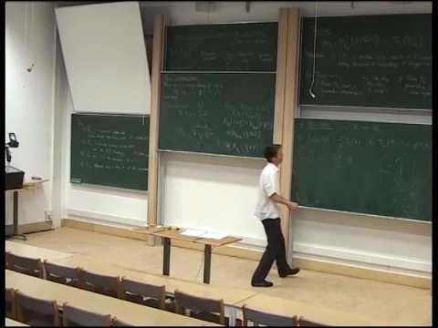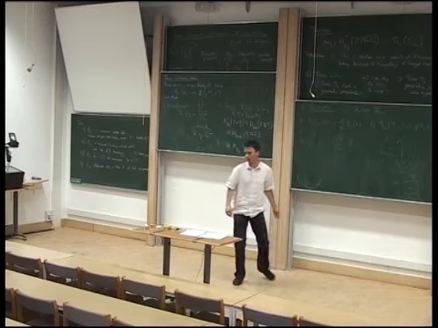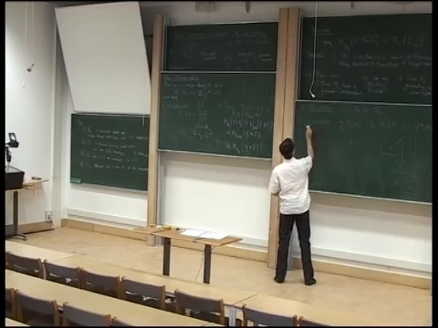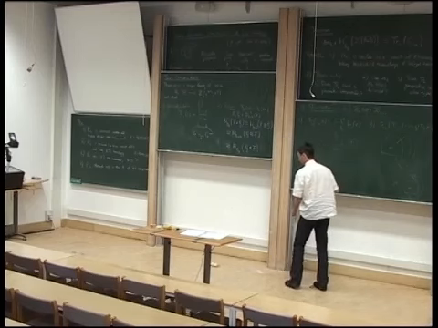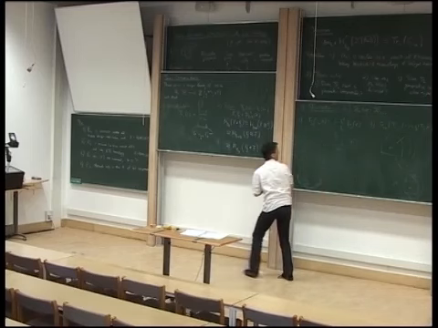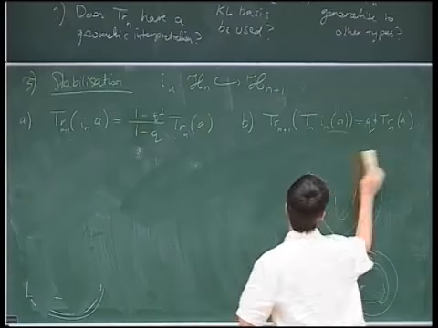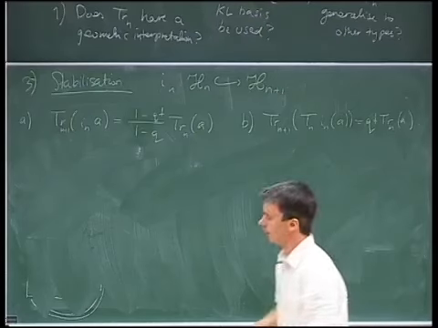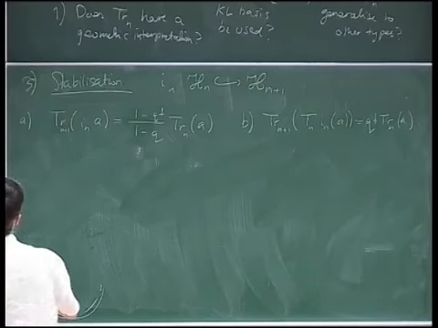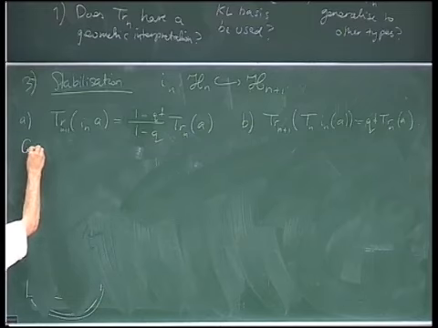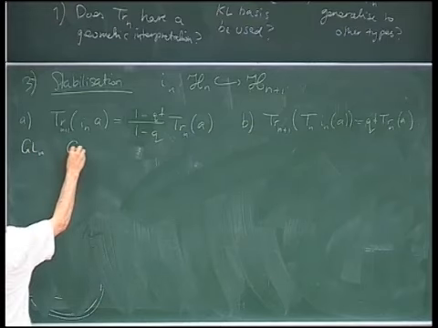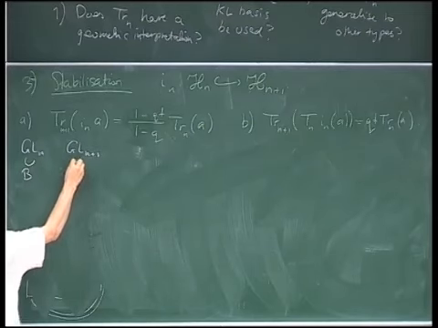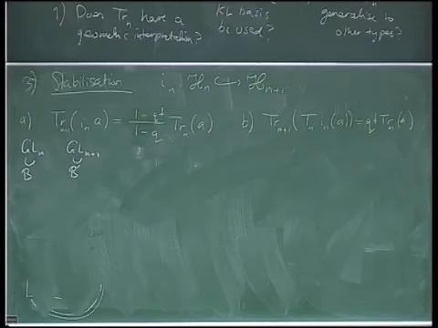Lastly, we need to check the stabilization properties. For this we need two different groups. We need GL_n and GL_{n+1}. We have the Borel inside there and the Borel inside there.